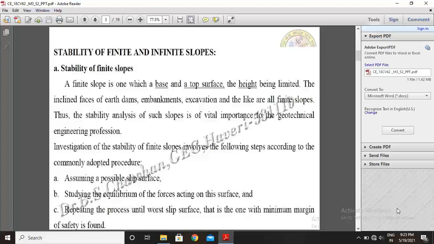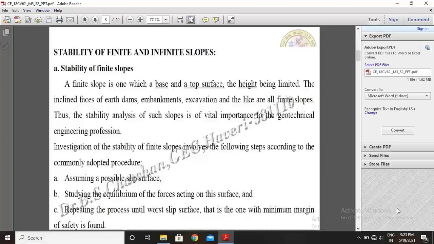Investigation of the stability of finite slopes involves the following steps according to the commonly adopted procedures. So these are the important steps. Assuming a possible slip surface. Next one is studying the equilibrium of the forces acting on this surface.